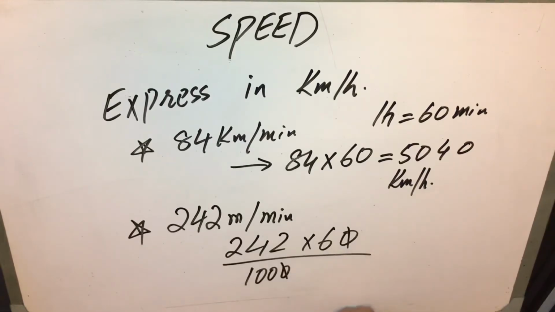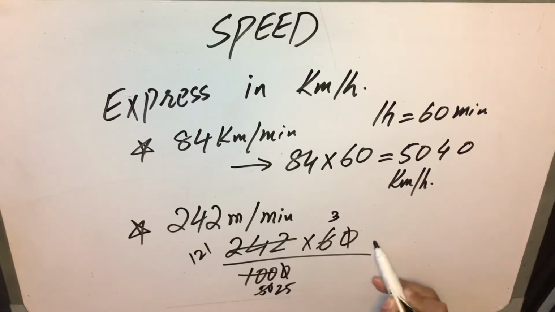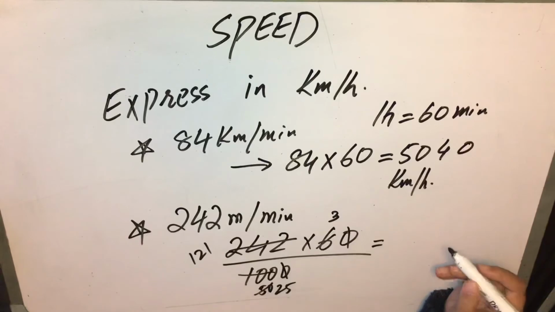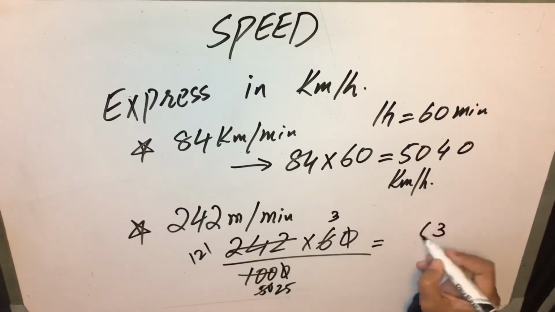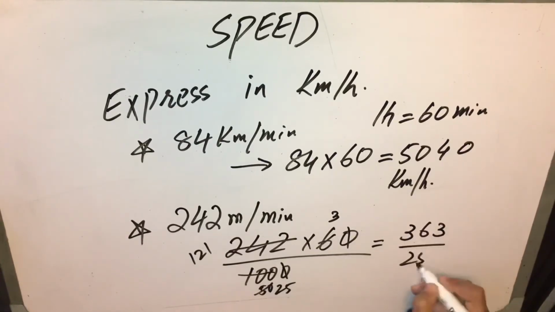Cancellation of 1 0. Then we have 250 times 121. Now I think no more cancellation. 2 3s are 225. So we shall multiply this 121 with 3 and divide it with 25.